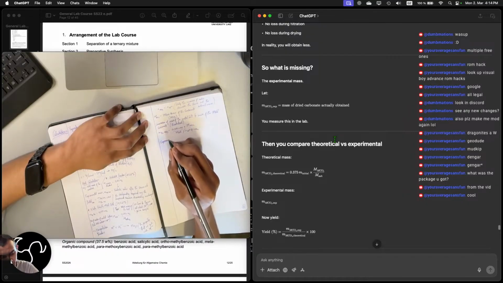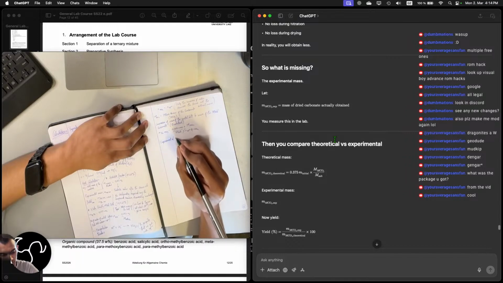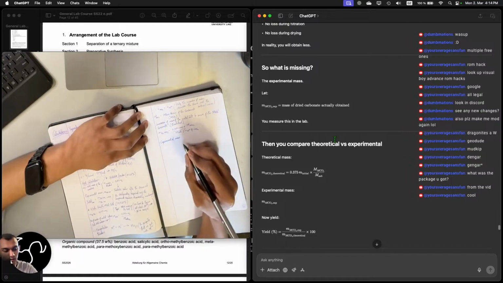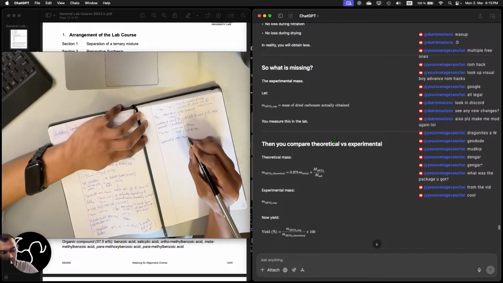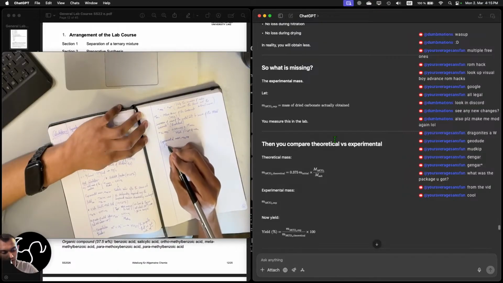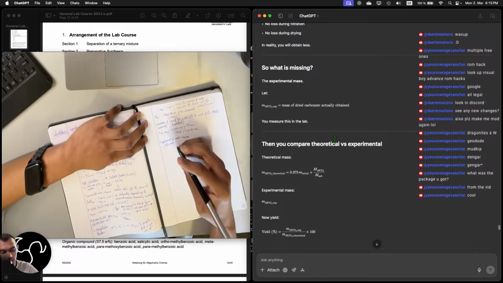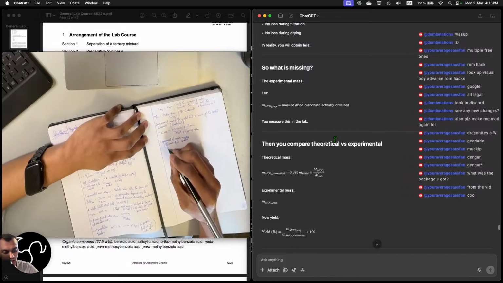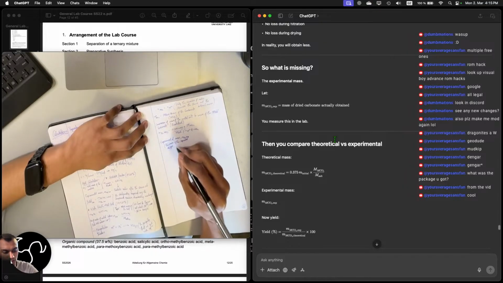Experimental mass, MCO3 experimental. The mass of the separated aqueous precipitate in lab.